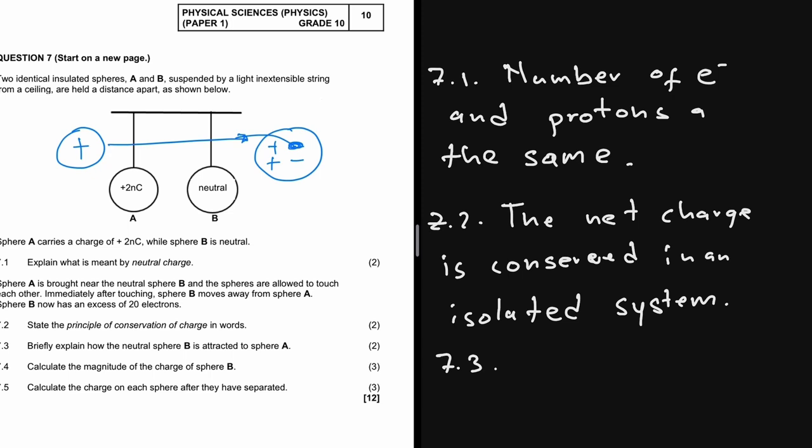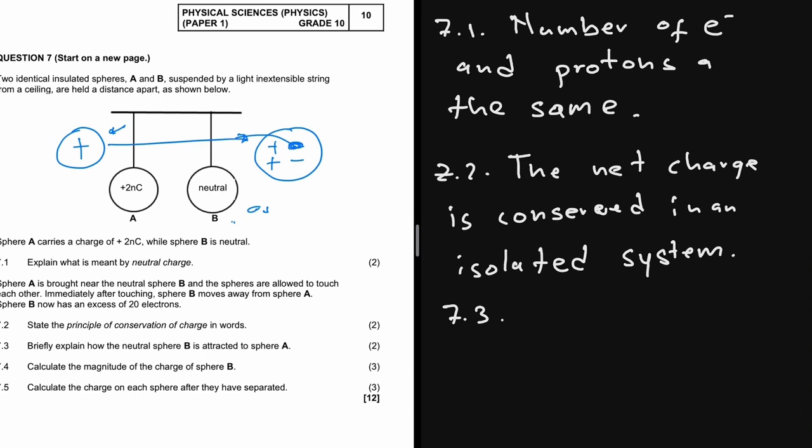When it influences it, it is going to cause the far side to be slightly positive. Because of this force attracting the negative charge, we have what is called polarization.